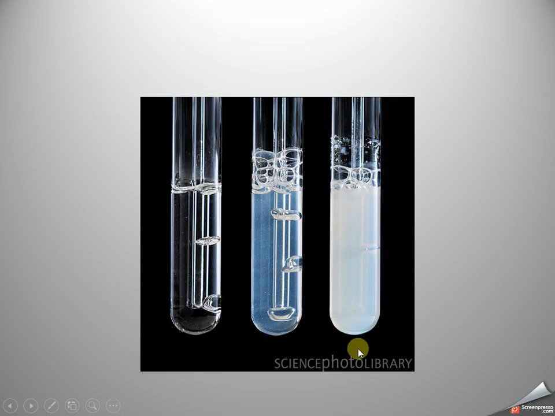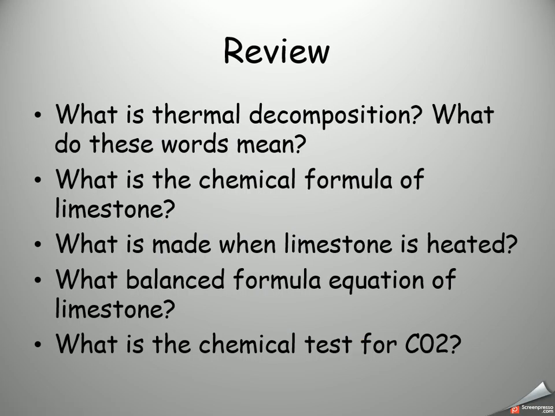Okay, so review. We know what thermal decomposition is. We know the chemical formula of limestone, which is calcium carbonate, which is CaCO3. What is made when limestone is heated? We know that calcium oxide is made, and we know carbon dioxide is made, and you need to know the balanced equation of that actual reaction, not of limestone, but of the reaction, which is CaCO3, heat, gives you CaO plus CO2.